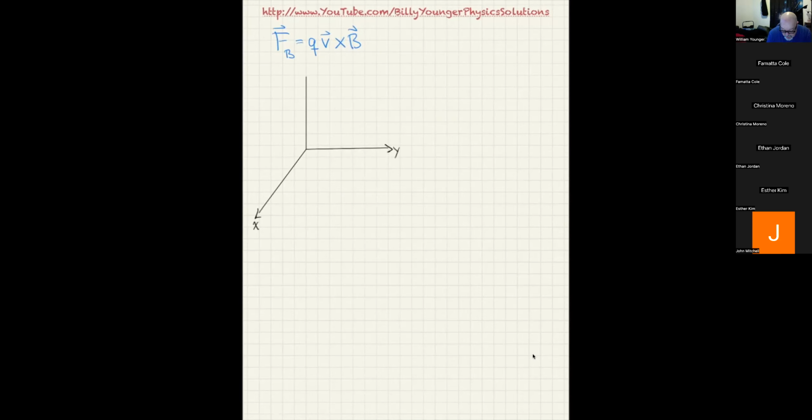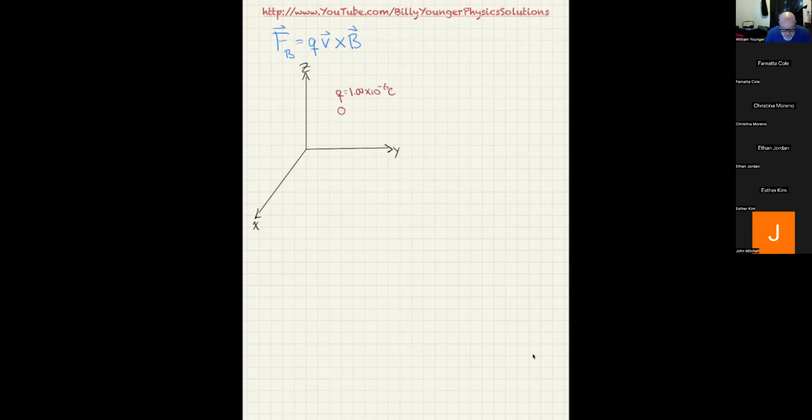This is going to be my y-axis. And this is going to be my z-axis. And let's say we're going to take a little particle right here. That's a particle of charge Q, let's say that equals 1.00 times 10 to the negative 6 coulombs.